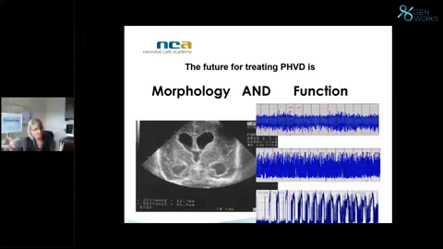It's a question maybe for the panel at the end, is this something that we can think about as an adjunct in our management of these infants post-hemorrhagic ventricular dilatation? Because if we have a picture, the morphology like we have here on the left, but we have normal background pattern function, normal cortical function, is that the right time to intervene? Whereas if you look at the AEEG trace on the bottom, this is clearly normal.